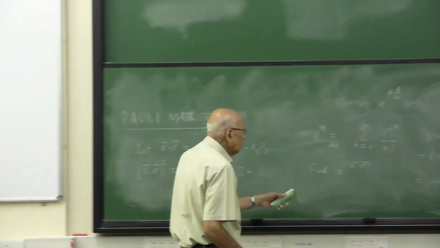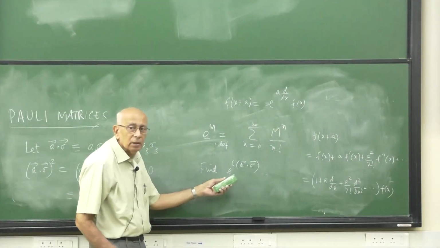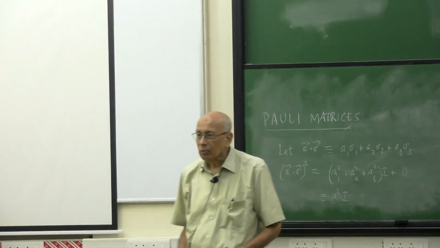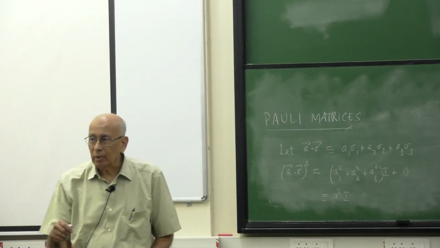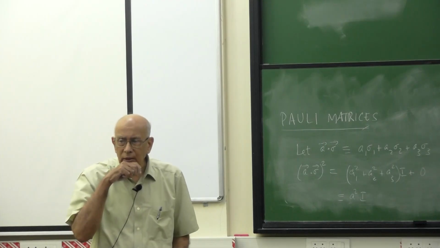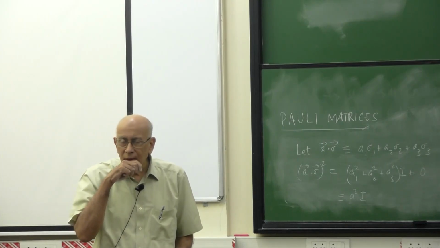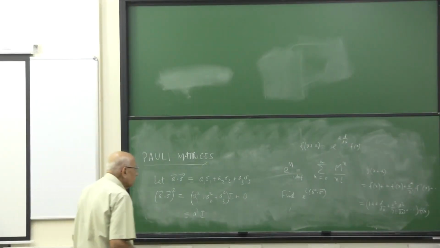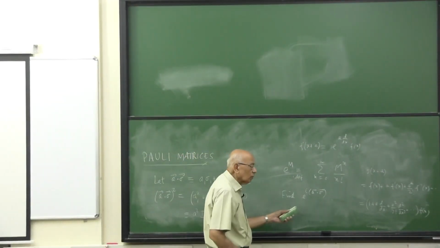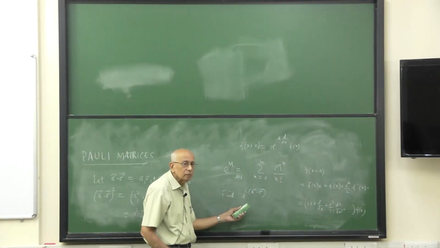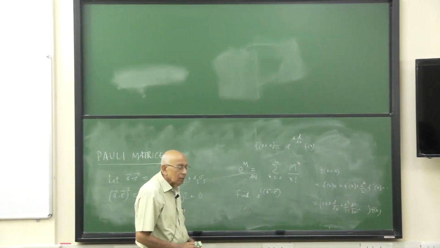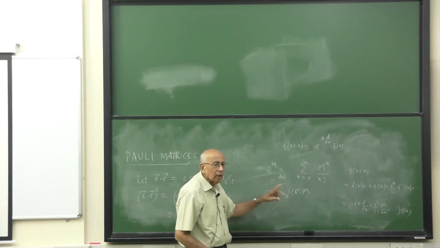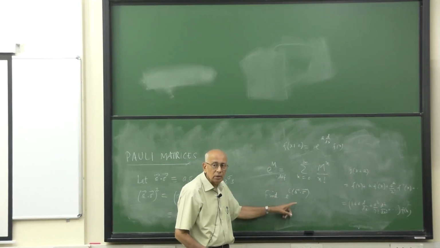So you need to find this, and this will be a generalization of the idea that you already have with complex numbers, namely the formula e to the i theta is cos theta plus i sin theta. You call it Euler's formula, Laplace's formula, etc. This is a matrix generalization of Euler's formula. What's going to happen? The first term is I. The next term is a dot sigma.